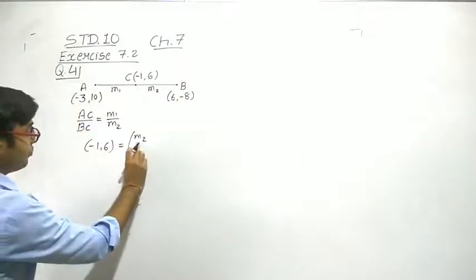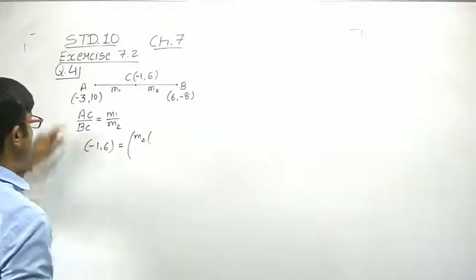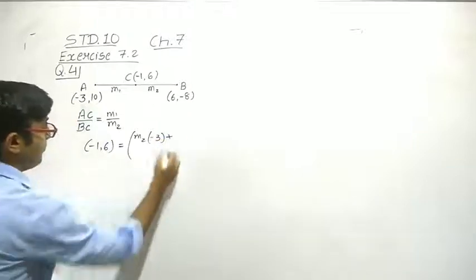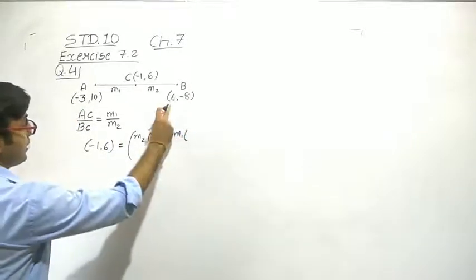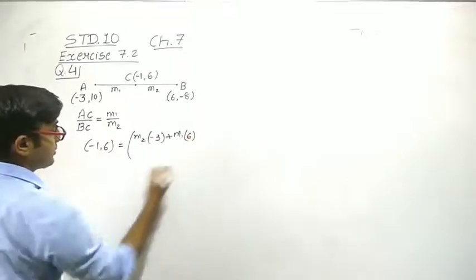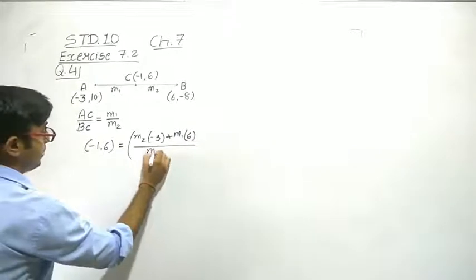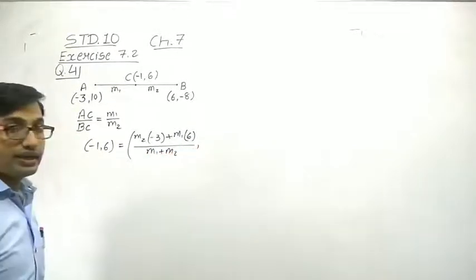So the x coordinate is m2 times x1, where x1 is -3, plus m1 times x2, where x2 is 6, upon m1 plus m2.